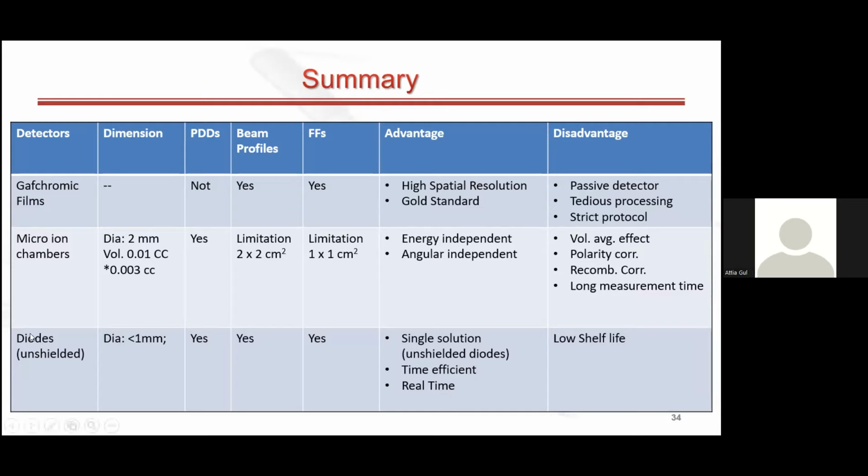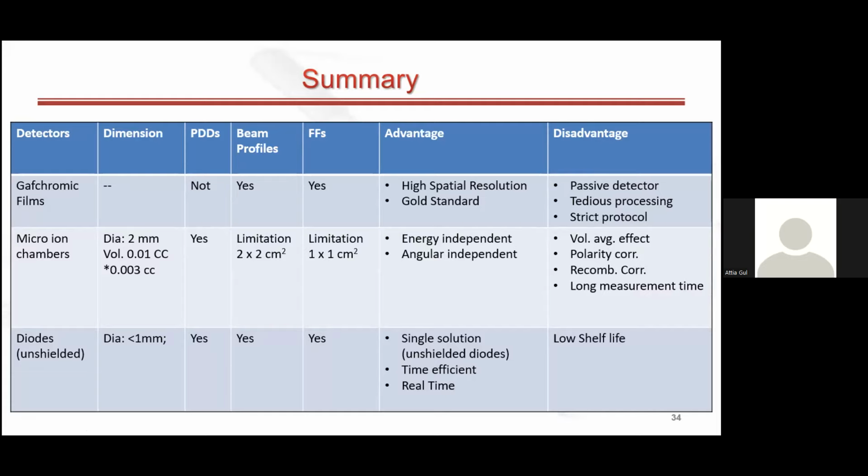Then there are unshielded diodes. Their size is very small, and they can be used for PDD measurement, beam profile measurement, and field factor measurement. Its advantage is that it is time efficient, because we don't need to measure its polarity correction and recombination correction factor.